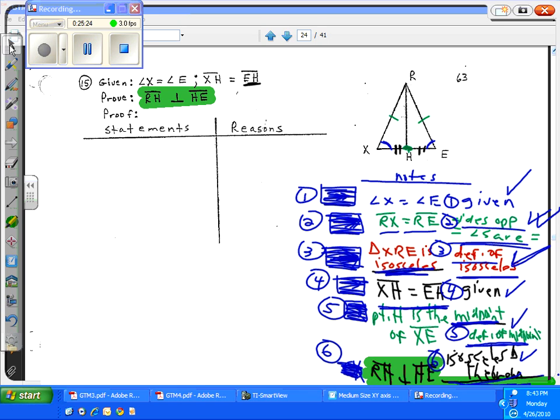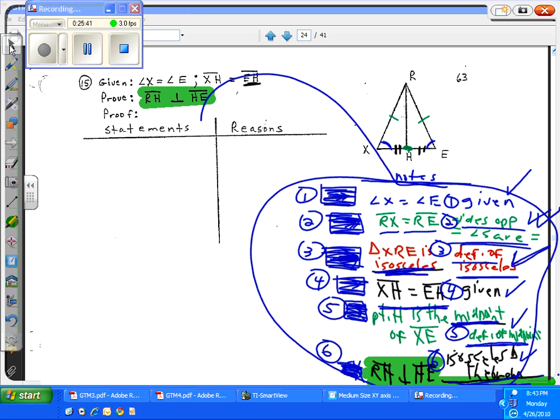We made our choice of the isosceles triangle theorem because it's what the given diagram and the statements in our notes revealed to us that we should use. And so you would take this information from the note section now and stick it over here nicely and neatly without all those scratch marks and check marks into your statements and reasons.